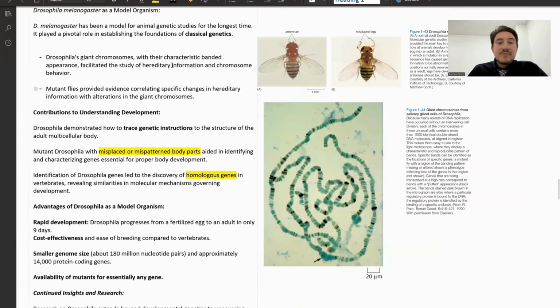They have a characteristic band appearance that helps you quantify, tag, and monitor how hereditary information moves from cell to cell, essentially chromosome behavior. So mutant flies provide evidence correlating specific changes in heredity with alterations of these giant chromosomes.